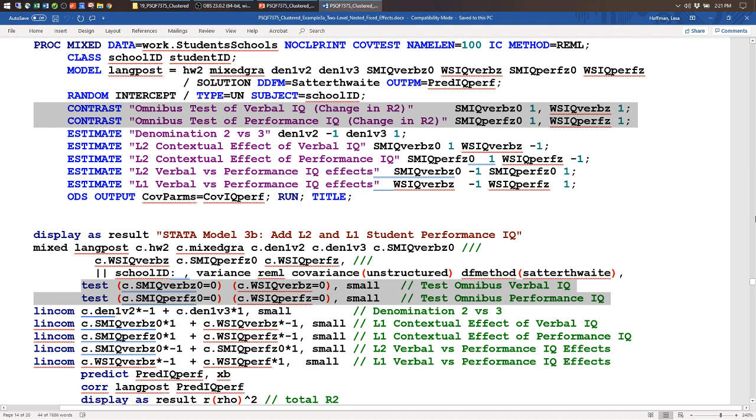So does verbal IQ matter is answered by 2 different fixed effects. I'm asking, is that combination of fixed effects significant? Likewise, does performance IQ matter is a question answered by 2 different fixed effects. I'm asking for a test to put them together to test simultaneously if they're different than 0.